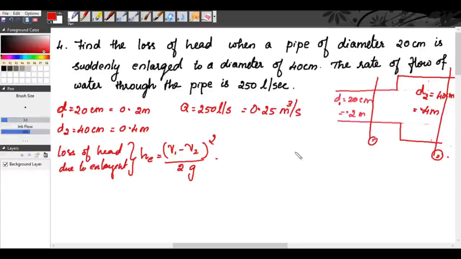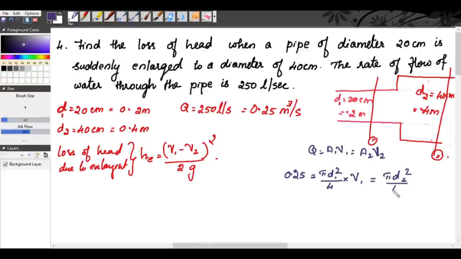We know the continuity equation as Q is equal to A1 V1 is equal to A2 V2. So Q discharge 0.25 is equal to A1, pi D1 square by 4, into V1 is equal to pi D2 square by 4 into V2.